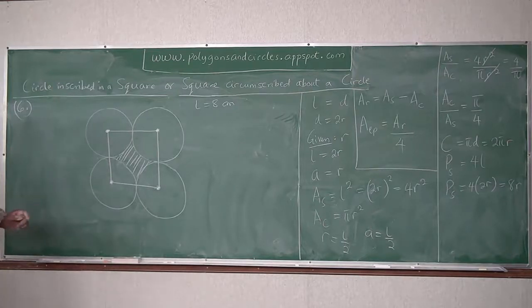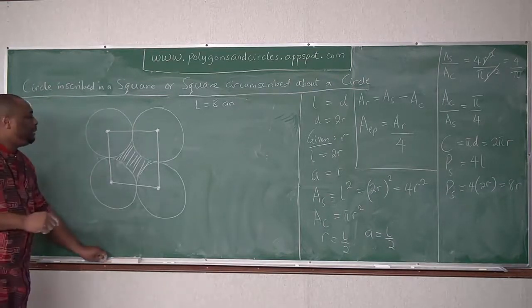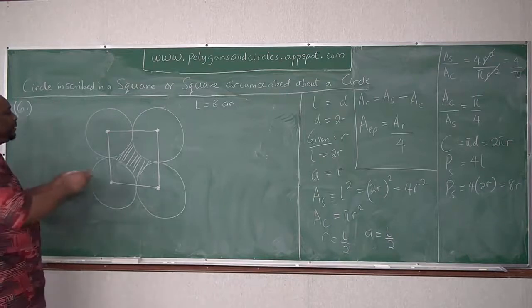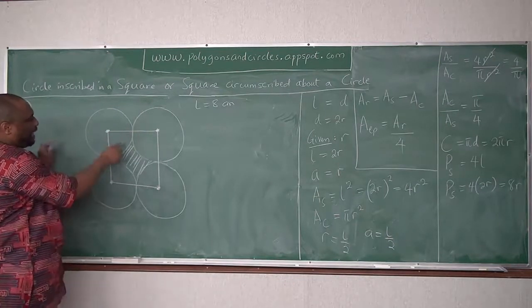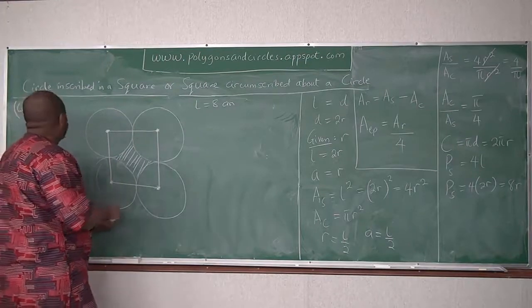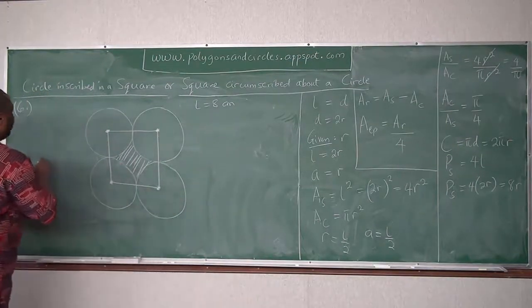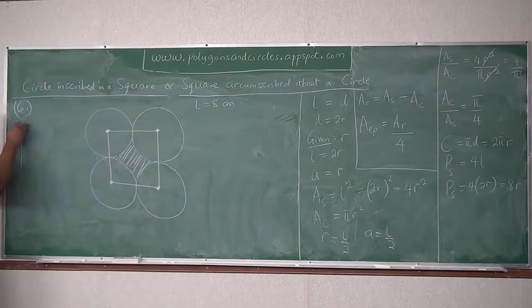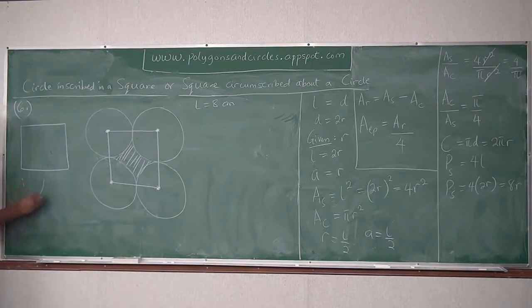Okay. So, folks, let me explain something here. You see, these are 4 quarters. Let's say you bring out the square, and then you have these 4 quarters.